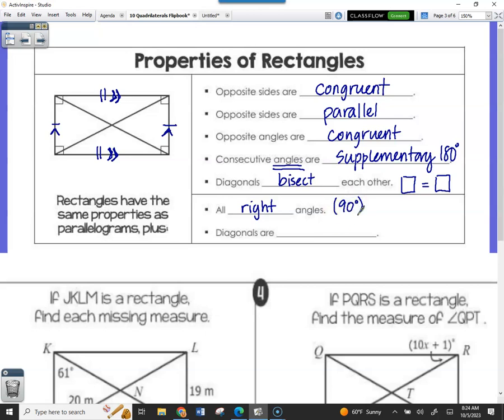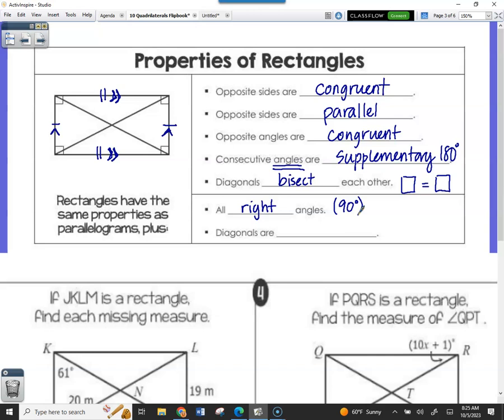Every single corner angle is 90 degrees. Whereas in a parallelogram, we didn't know the corner angles. We just knew that the opposite angles were equal and that the same side angles added to 180. Now we actually know that the corners are all 90 degrees.